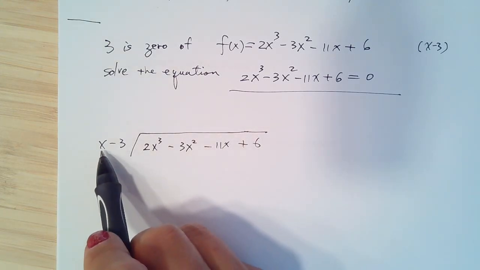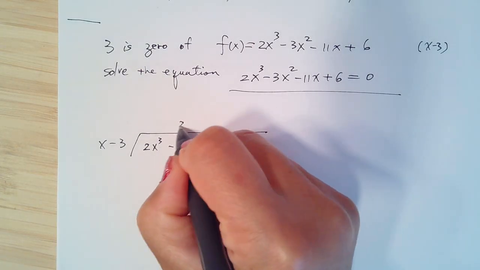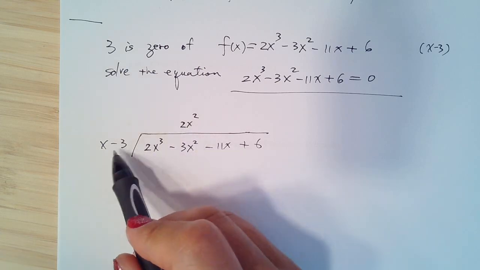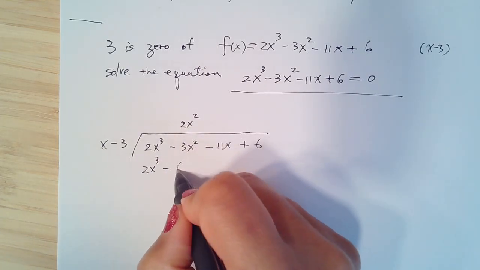So I'm looking for something multiplied by x to get a 2x cubed. So that will be 2x squared. You see, I write on the top of the square term. So this times that, I get a 2x cubed, and then minus 6x squared.